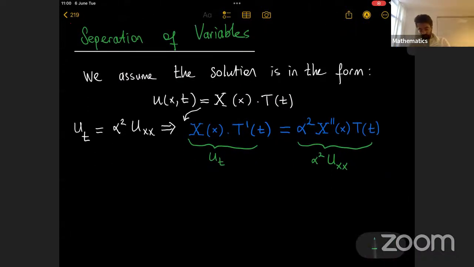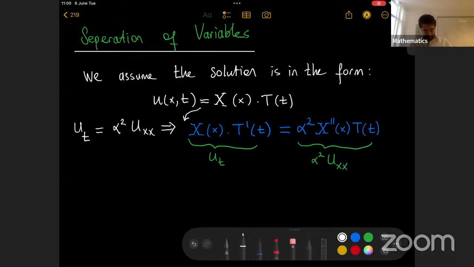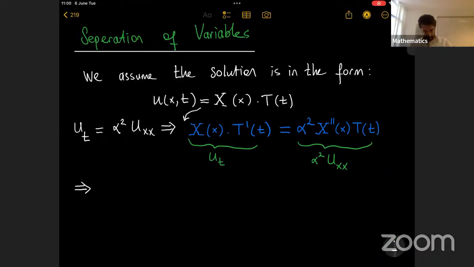Well, now we have this equation, and we can take all the terms with x and t on different sides.